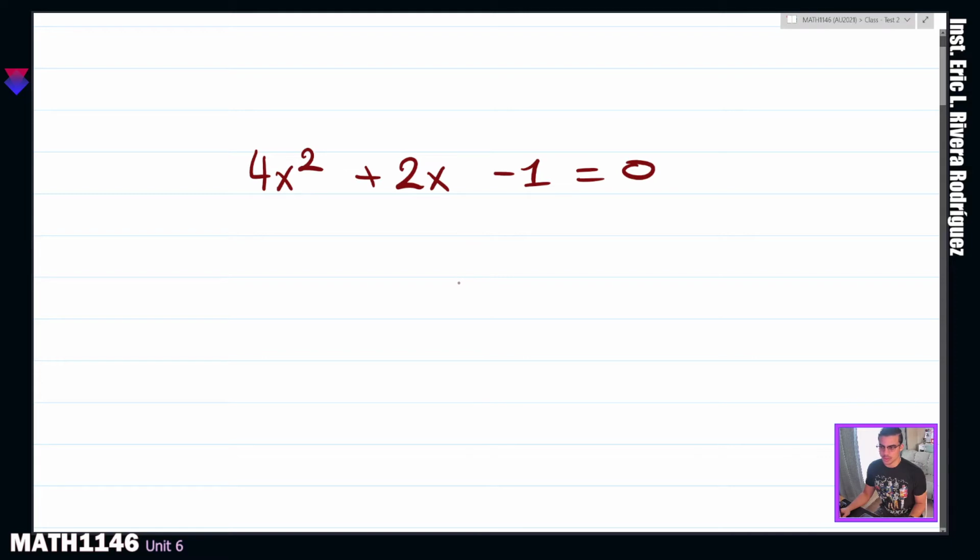Okay, so what's the problem? Why does the worksheet instruct us to use the quadratic formula here and not to do its factorization first, the factorization of this quadratic equation? Why is that?